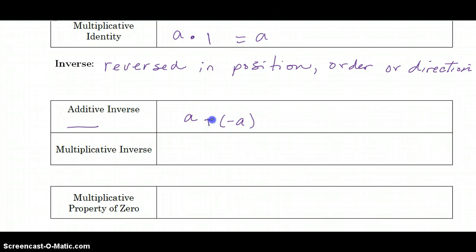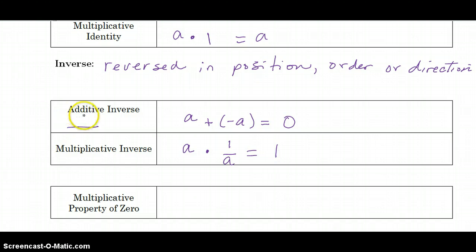So what happens if we add A and its inverse? We're going to end up with 0. The multiplicative inverse, the opposite of multiplication, is division. So if we have A here, then the inverse is going to be 1 over A. When we multiply A times 1 over A, we end up with 1.